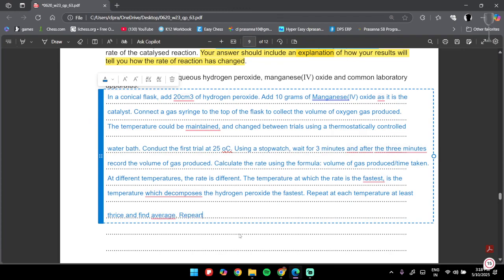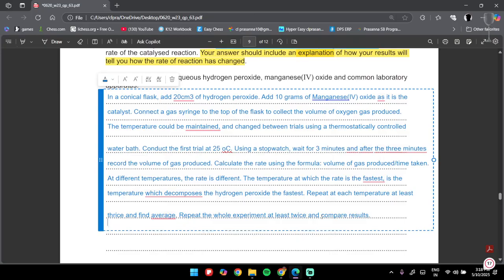Repeat the whole experiment at least twice. Okay, now I'm talking about experiment, find average, yeah, and then compare. Okay, at least twice and compare results.